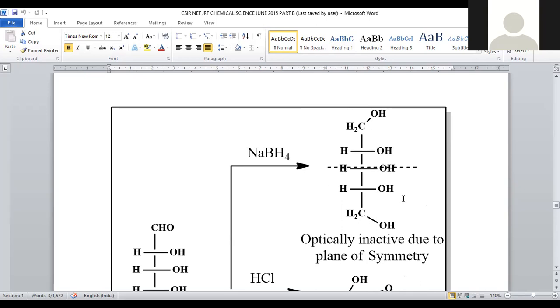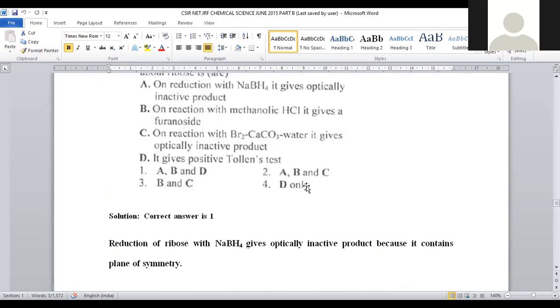If any symmetry element is there in the molecule, you can clearly conclude that the compound is optically inactive. Only if no symmetry elements are there is it optically active. Being symmetrical, with a plane of symmetry, it is an optically inactive molecule. So sodium borohydride reduction generating an optically inactive product is the correct statement.